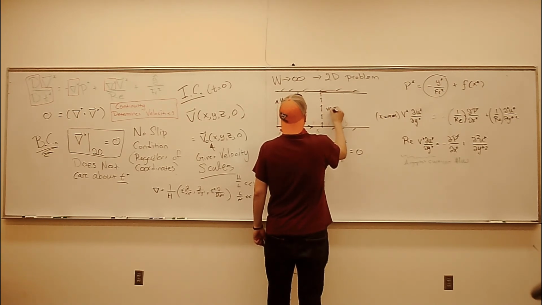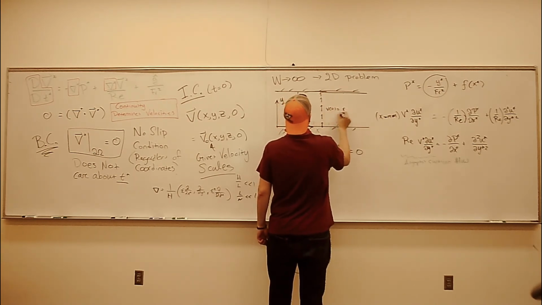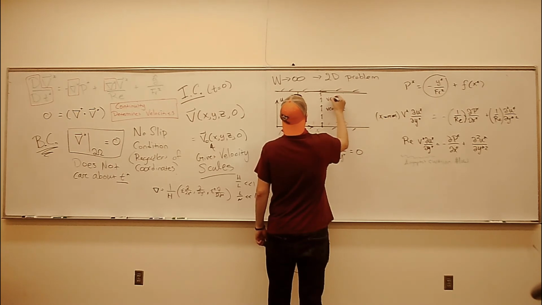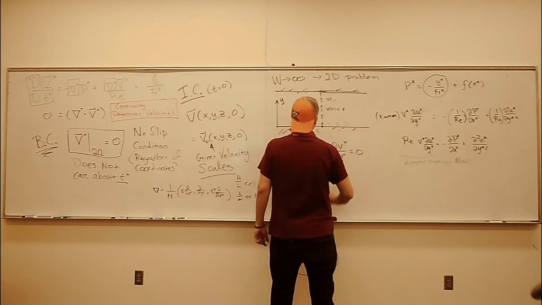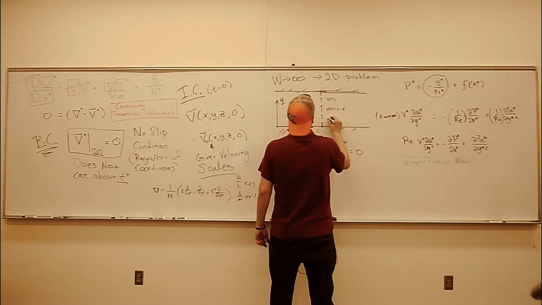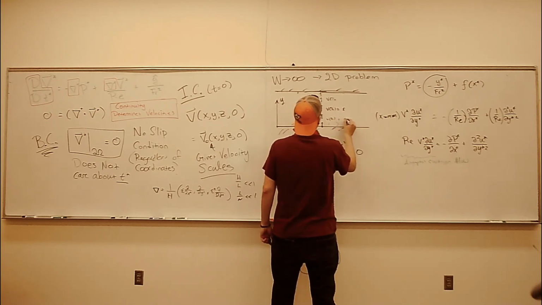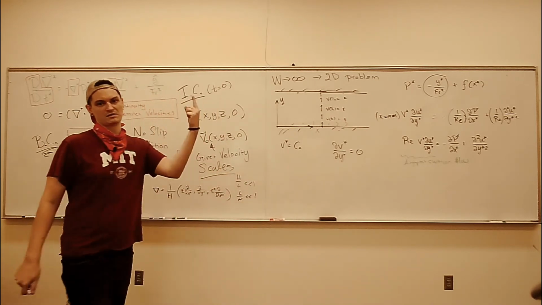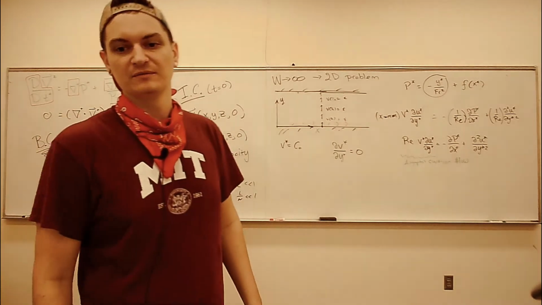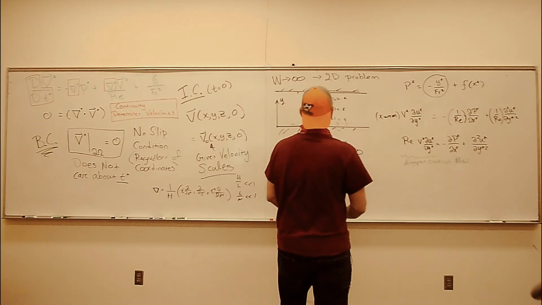That means v at 1 is, let's say, an epsilon, a v at 0. So everywhere along here, it'd be the same upward velocity across the cross section.